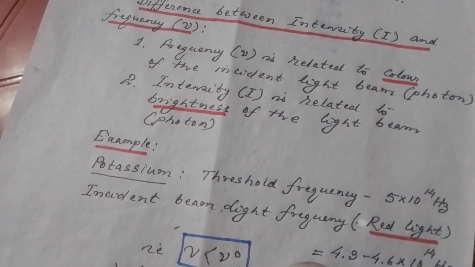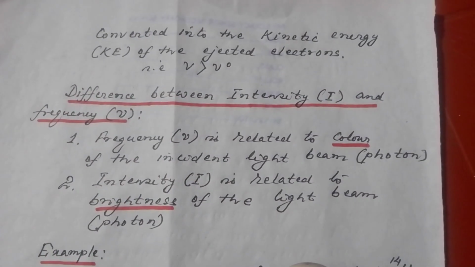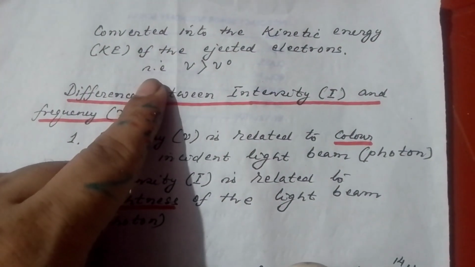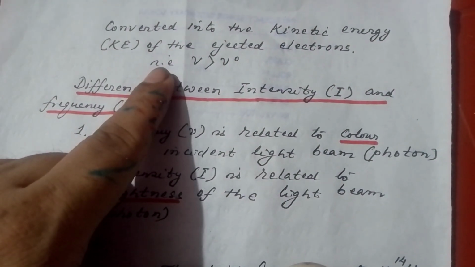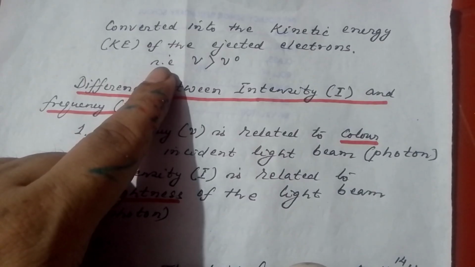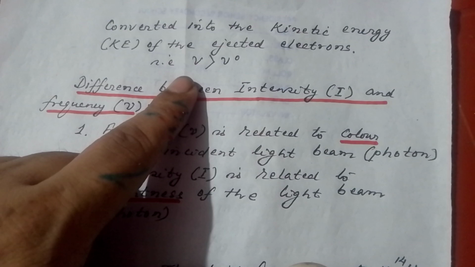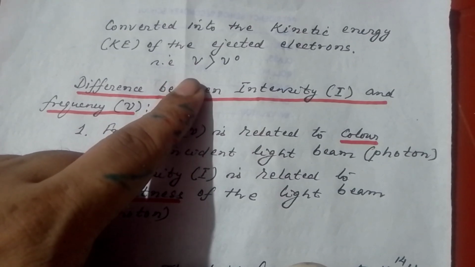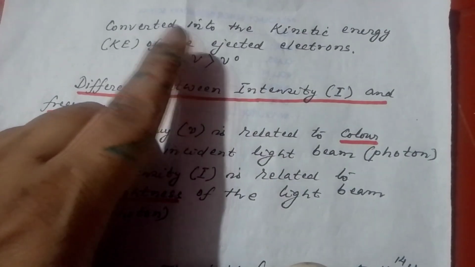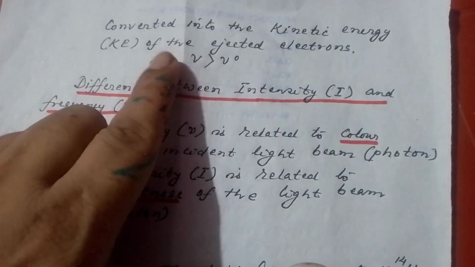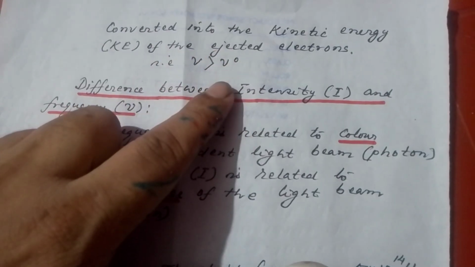Now we'll come to it. What we have learned is that the incident beam of light should have more frequency in comparison to the threshold frequency of the ejected electrons. The extra frequency which is left behind after ejecting the electrons will be converted to the kinetic energy of the ejected electrons.